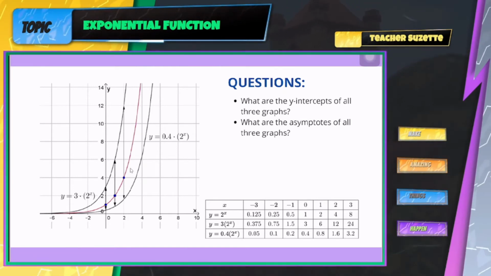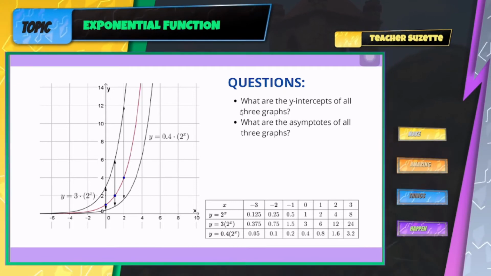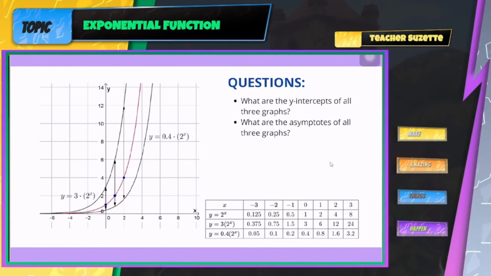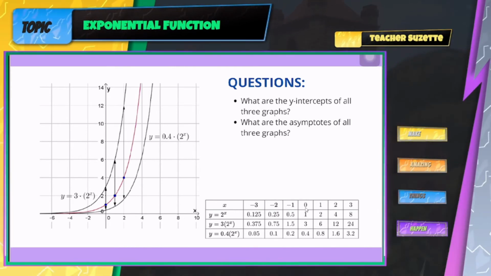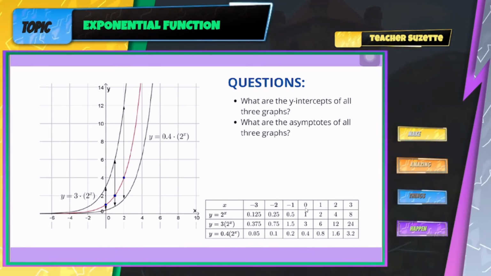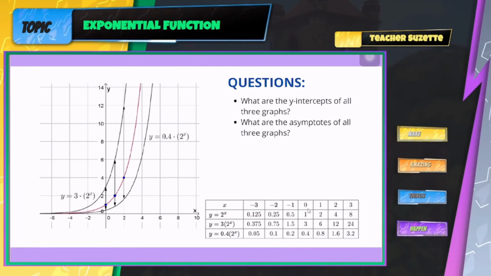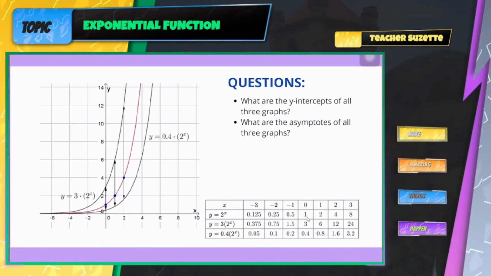Now, let's try to answer the following questions. So, first, what are the y-intercepts of all three graphs? So, for us to easily identify the y-intercept using the table, titingin lang po tayo dun sa value ng ating y when our x is equal to 0. So, obviously, the y-intercept of our y is equal to 2 raised to x is 1.